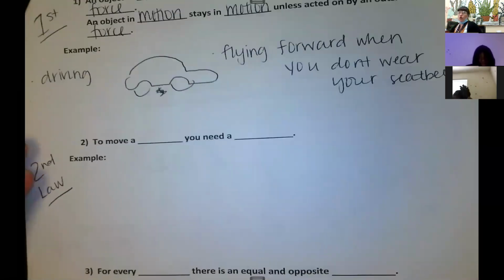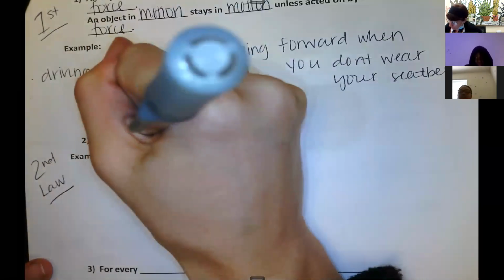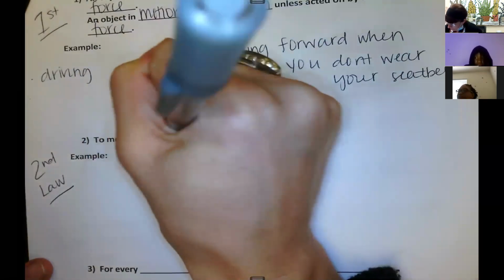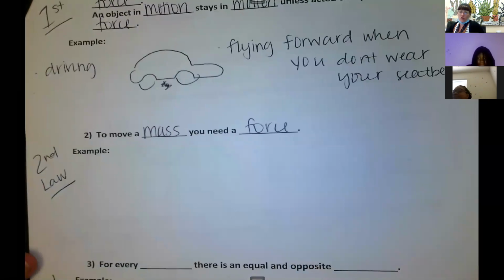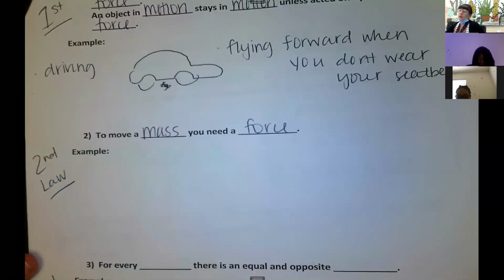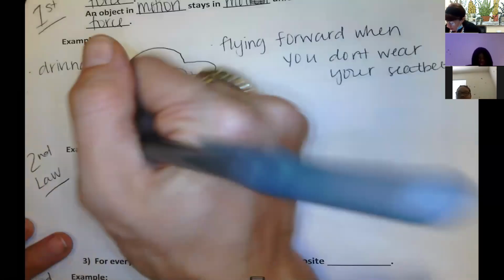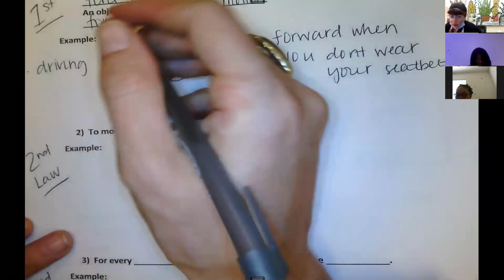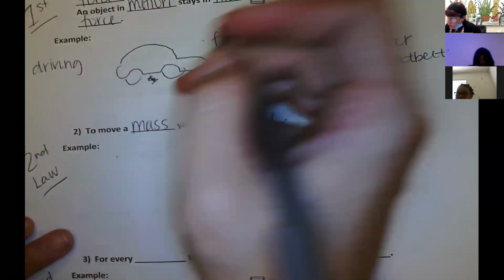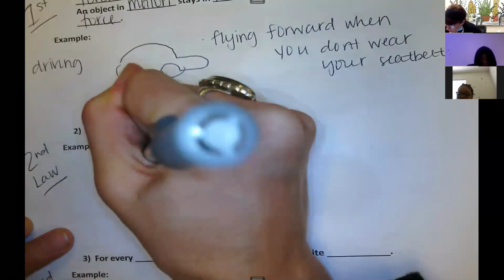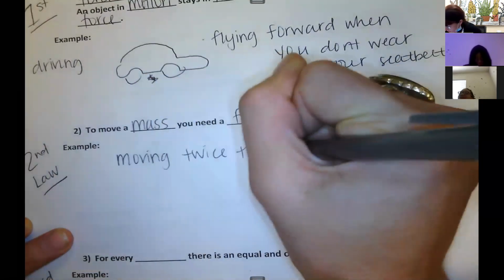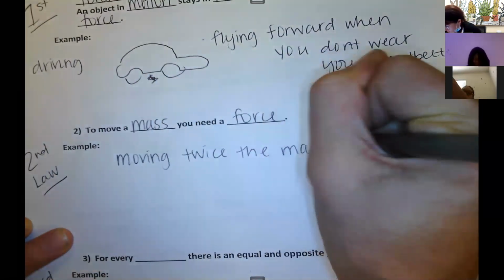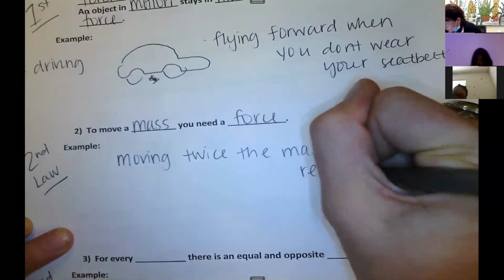The next one, to move a mass, you need a force. So if I want to move something twice as heavy, I need two people. Very good. So exactly, if I want to move two people, I need twice the force. So moving twice the mass requires twice the force.